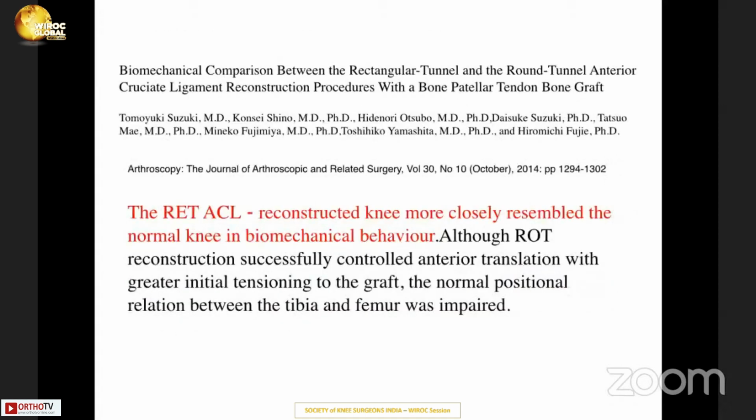So would any change in the shape of the tunnel be helpful in the current ACL technique we do? There was a nice 2014 article in Arthroscopy, a cadaveric study, which compared rectangular tunnels with round tunnels in ACL reconstruction using bone-patellar tendon graft. They said that the rectangular ACL reconstructed knee more closely resembles the normal knee in biomechanical behavior.